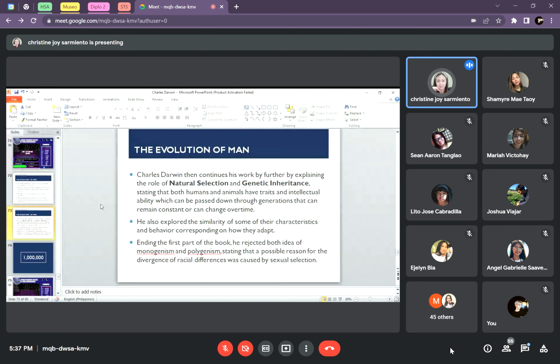It may also evolve over time because of the environmental condition. So he also explored the similarity of some of their characteristics and behavior corresponding on how they adapt.